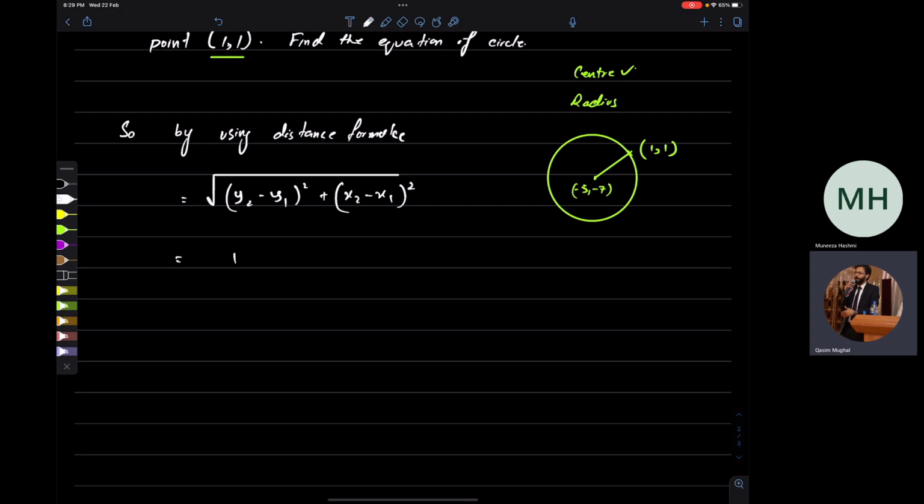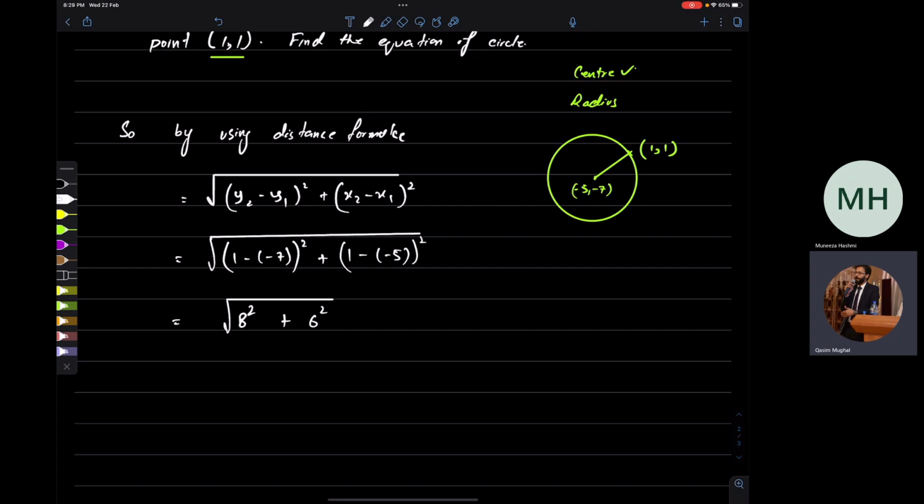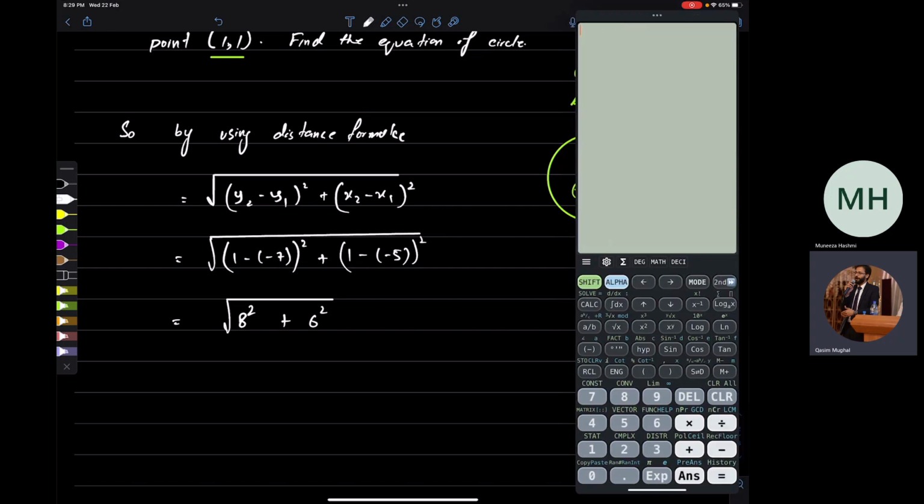That is going to be 1 minus -7, squared, plus 1 minus -5, squared, and then the root of it. So that would leave you with 1 plus 7 whole squared, which is 8 squared, and 1 plus 5 whole squared, which is 6 squared. Let's put both of these in the calculator and see what we get. It's going to be the root of 8 squared plus 6 squared, which is 10.